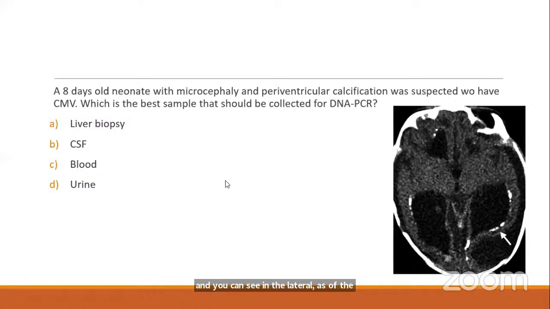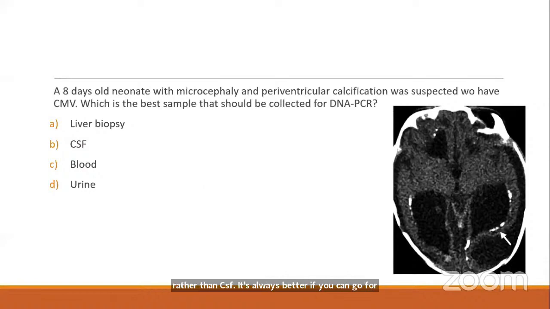Okay, so what is the best sample? Yes, it is actually urine, not CSF. For detection of CMV involvement, in any case of ventriculitis, it is better to go with a urine sample rather than CSF. It's always better if you can go for the urine sample. Okay.